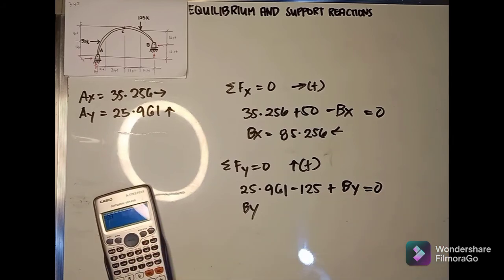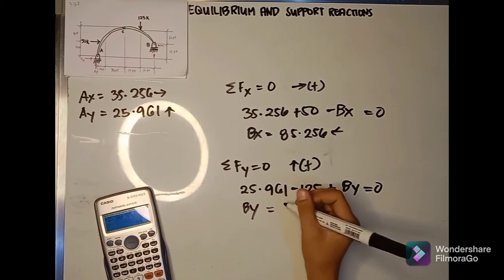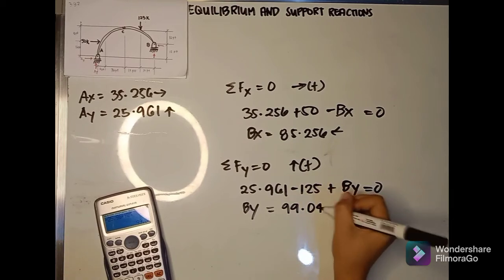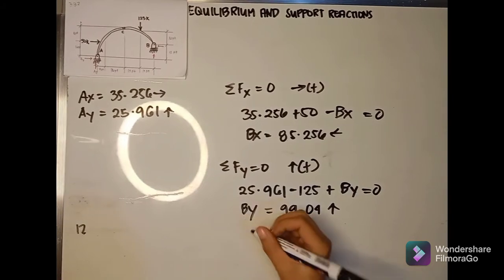So negative 25.96 plus 125, BY is equals to 99.04 upwards.